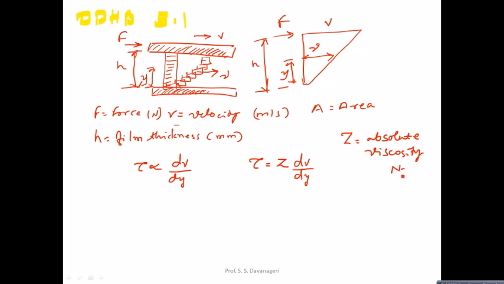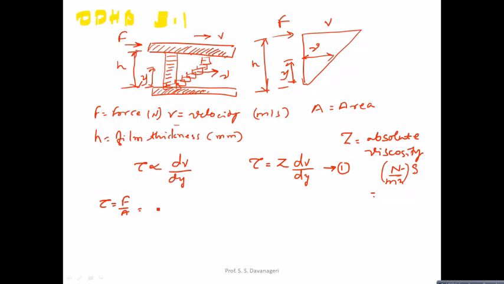Now consider a constant here, that is Z. Z is the absolute viscosity. Let us notify this as equation number 1.